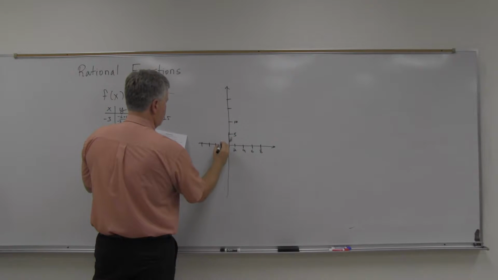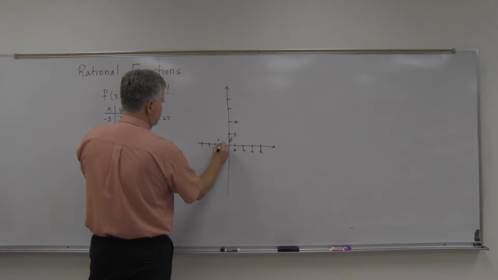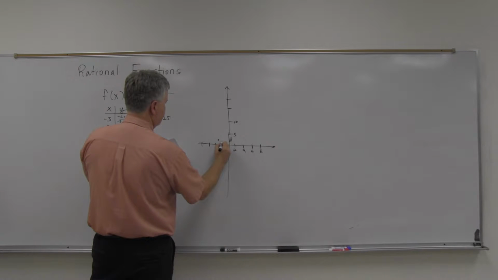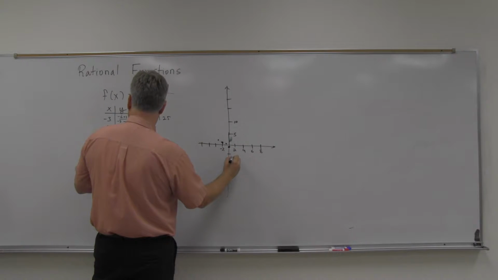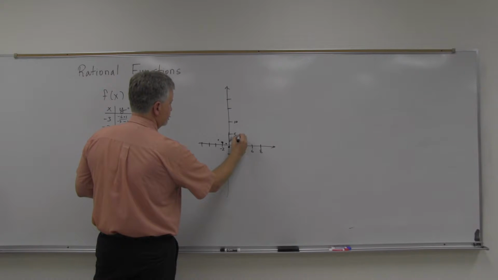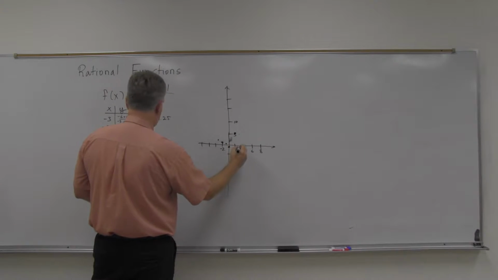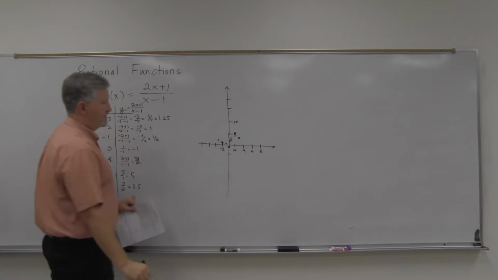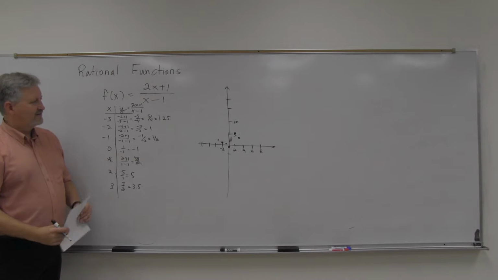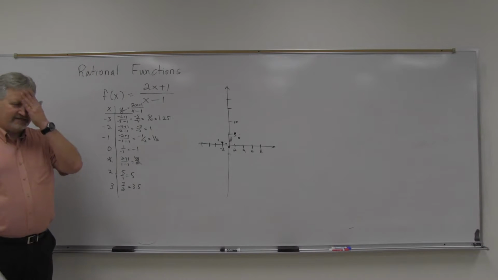So -3, I'm at 1 1/4. -2, I'm at -1, positive 1, sorry. -1, I'm at 1/2. 0, I'm at -1. 2, I'm at 5. And 3, I'm at 3 1/2. Okay, so trying to make a little sense out of that.